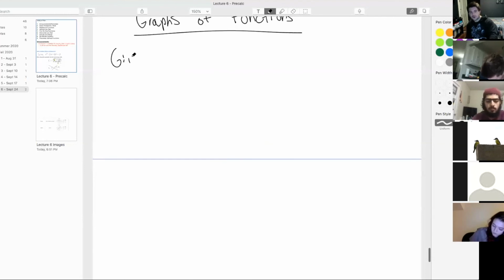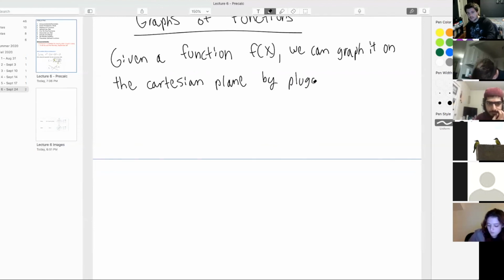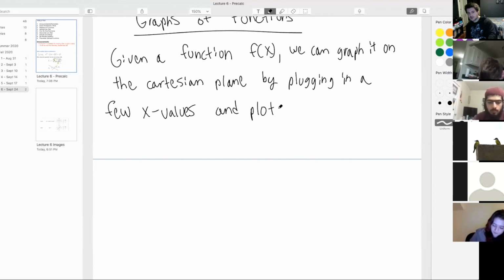Given a function f of x, we can graph it on the Cartesian plane, the xy plane, by plugging in a few x values and plotting the corresponding points.